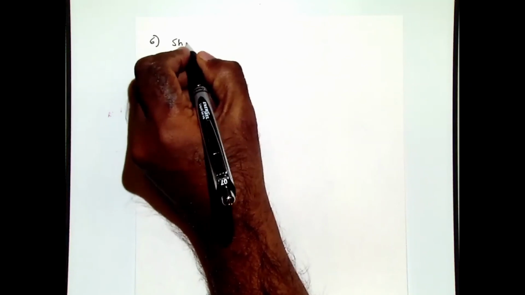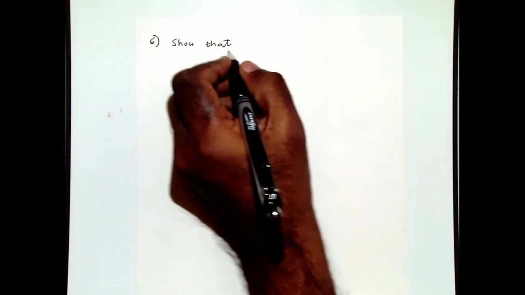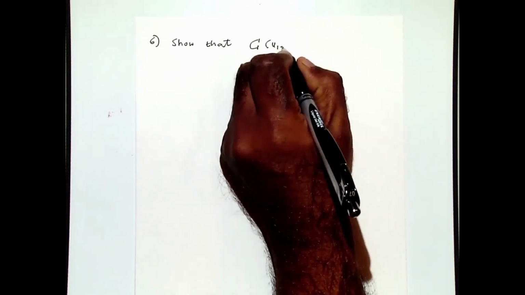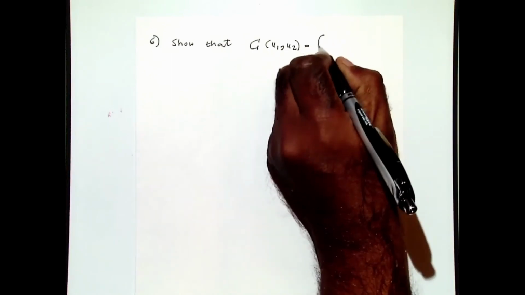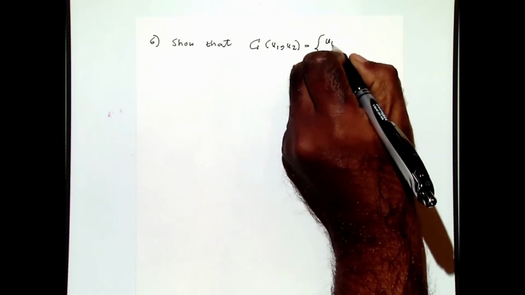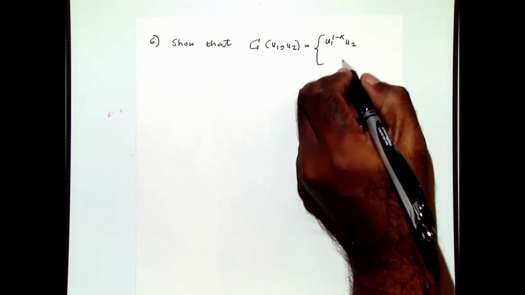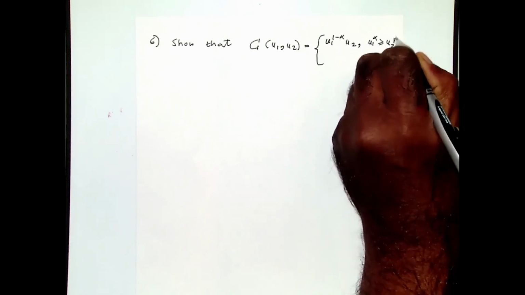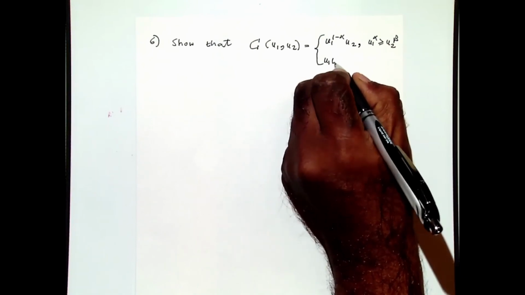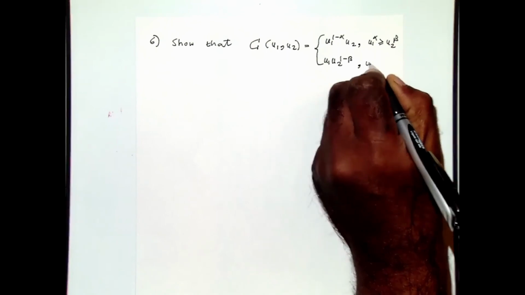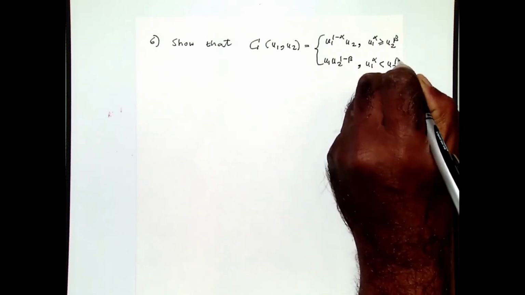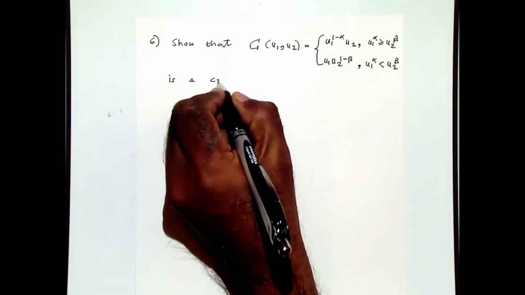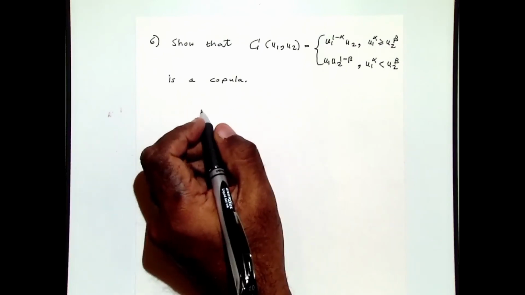Right, finally question 6 is as follows, is to show that this is a copula.